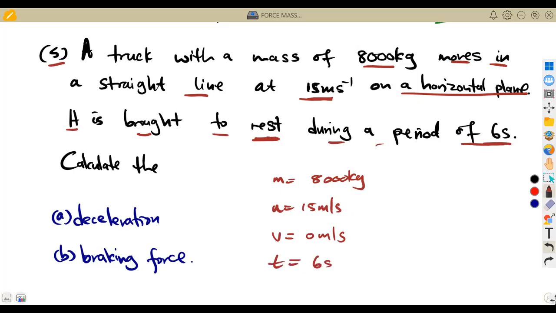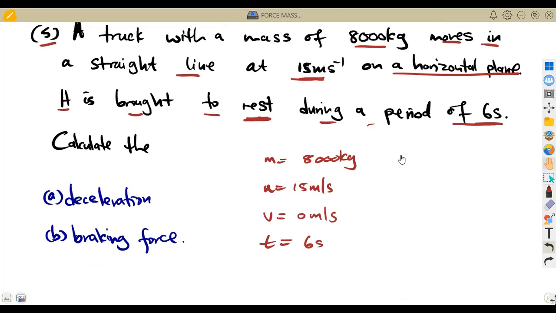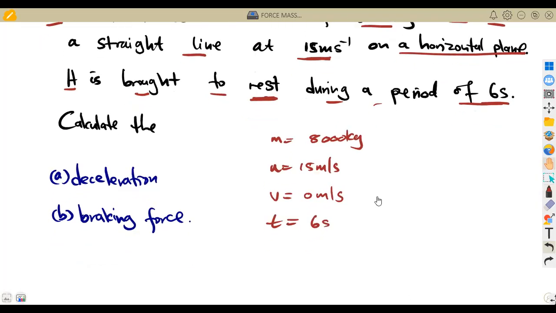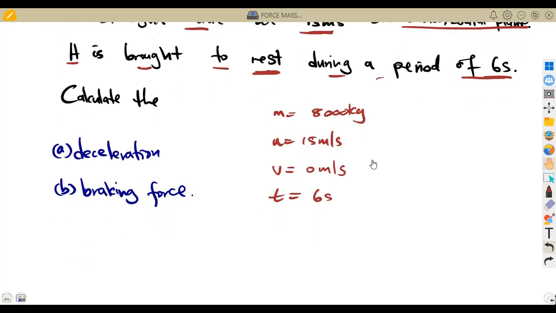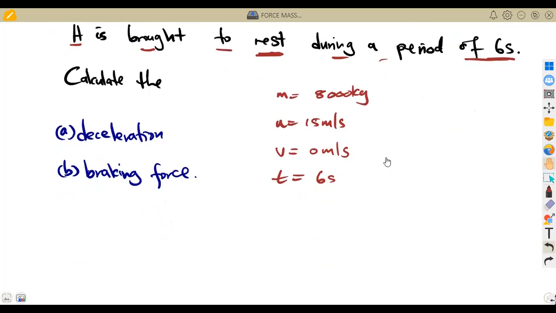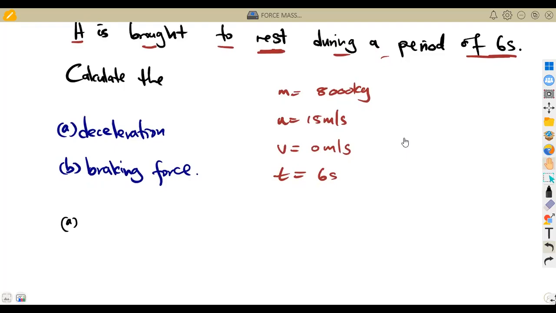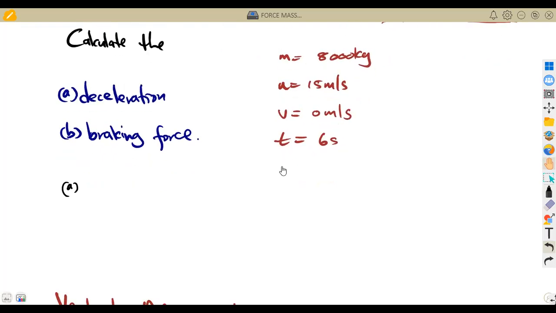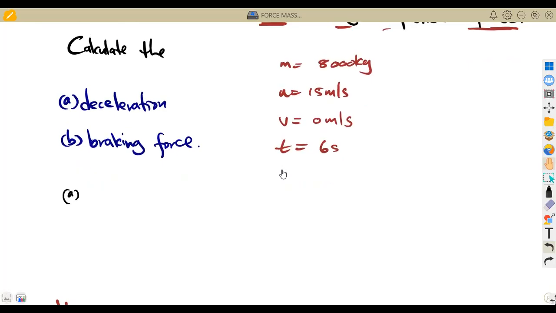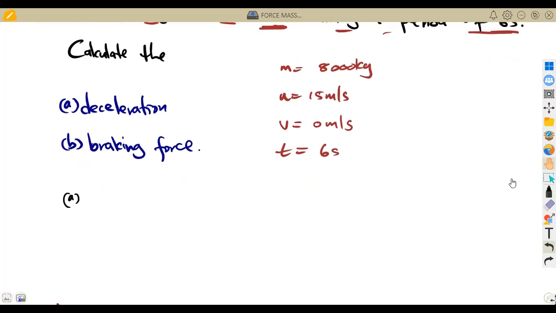This time, we are not given the distance as what happened previously, to say when the brakes were being applied, now 80 meters and so forth. Here we are given the time that was taken. The question is to calculate the deceleration. That is the first part. So whether we are given time or we are given the distance, the deceleration is simply indicating a negative acceleration.